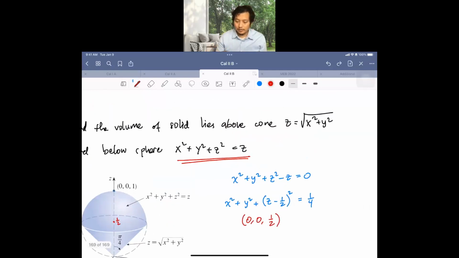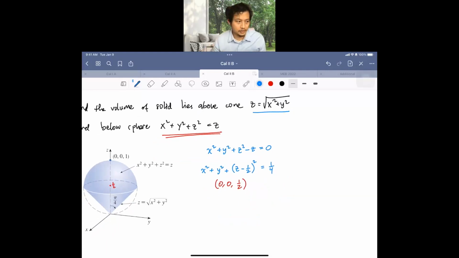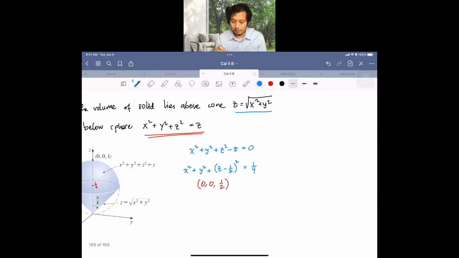But if we take a look at these two equations, we have the equation for the sphere, x squared plus y squared plus z squared equal to rho squared, and z is rho cosine psi. So we could write rho squared is rho cosine psi.